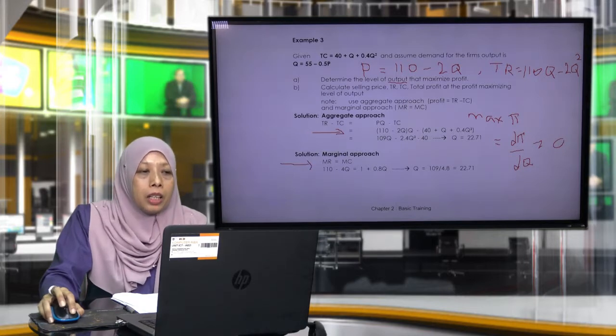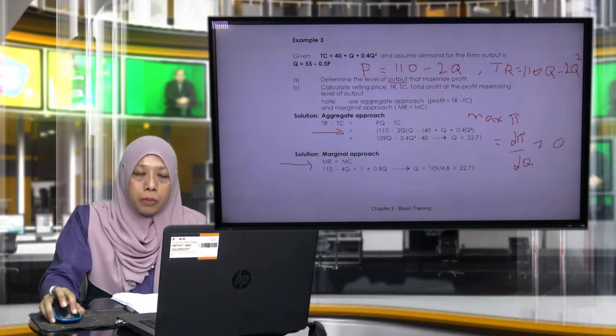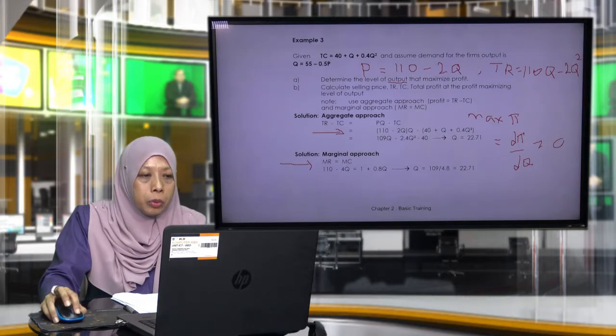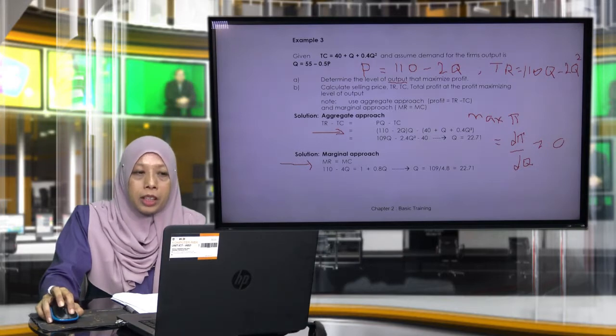Now you can also solve this problem using another approach. We call it the marginal approach. If you want to maximize profit, another way of doing it is to set MR equal to MC.